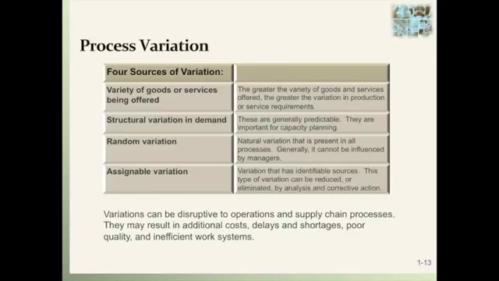And then there's assignable variation. These are from identifiable sources that can be reduced, eliminated by analysis or corrective action. So this is where you have variation that you have control over as a manager.